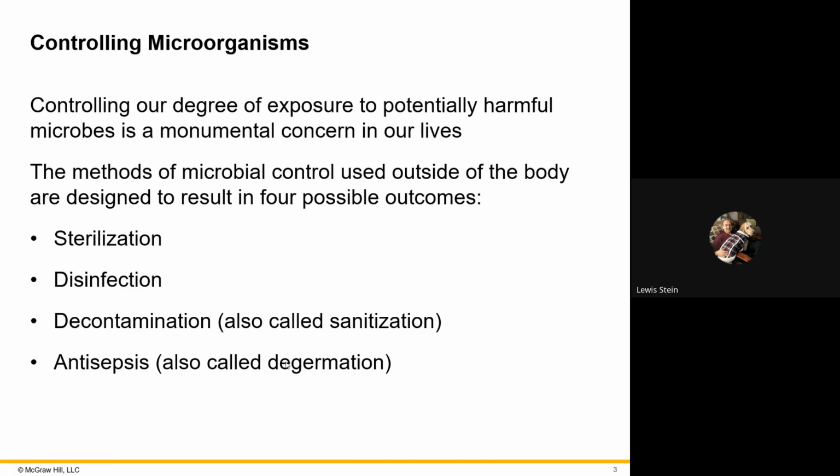They're designed to be used on skin, whereas disinfectants are designed to be used on inanimate objects, whether it's a table or a consumable. We'll talk about pasteurization. Almost all your consumables, if required, are pasteurized, which is a form of disinfection, except we're not using a chemical disinfectant.